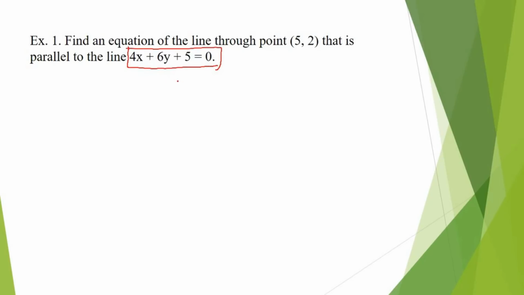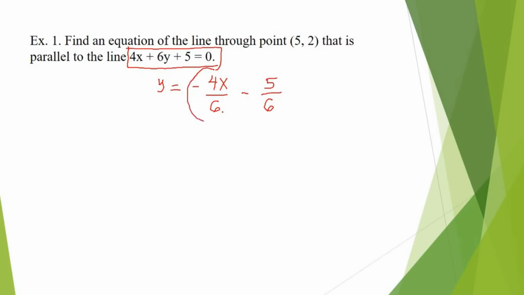Rewriting this equation, we have y is equal to negative 4x over 6 minus 5 over 6. So we now have the slope-intercept form.